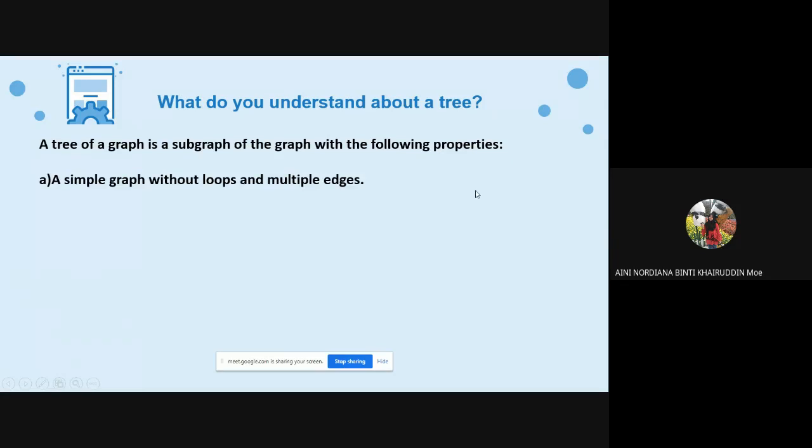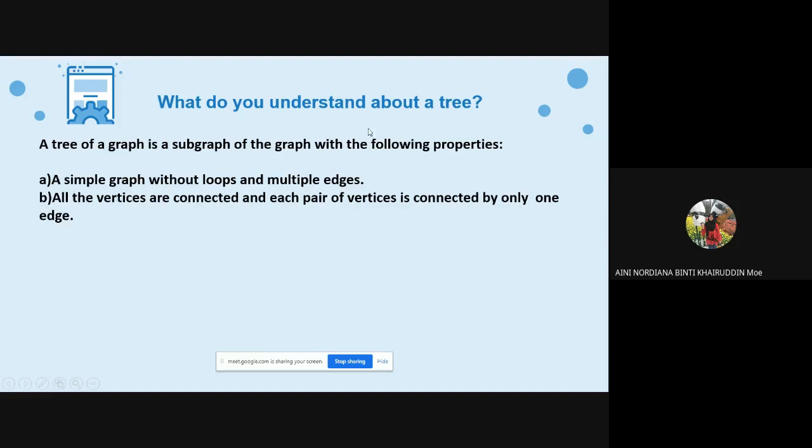Apa dia? Satu, dia mestilah simple graph without loops and multiple edges. Tak mau ada loop, tak mau ada multiple edges. Okay. Apa yang kedua? All the vertices are connected and each pair of the vertices is connected by only one edge.